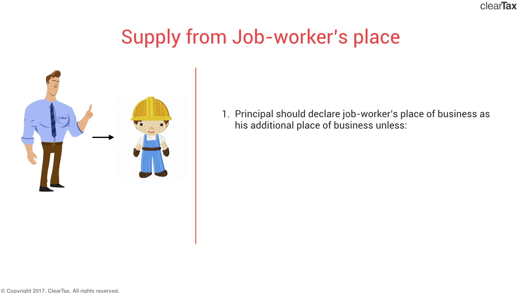The principal can effect this sale and claim input tax credit on the input if he declares the job worker's place of business as his additional place of business, unless the job worker is registered or the principal is engaged in supply of goods which are notified by the commissioner specifically.